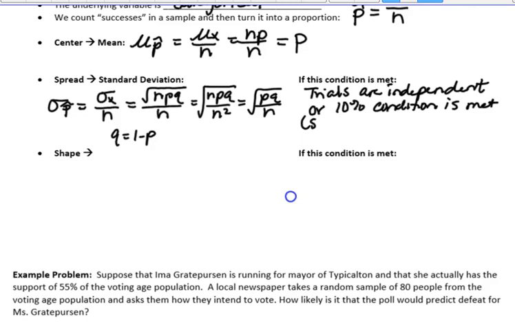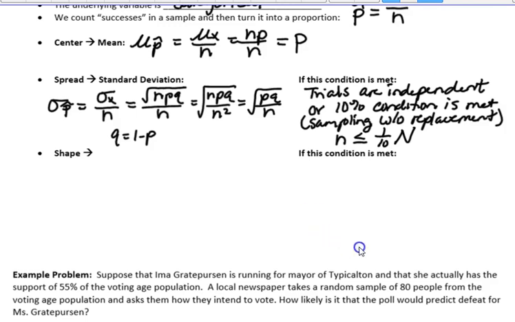This is if you're sampling without replacement. If you're sampling without replacement, then we have to verify that the sample size n is less than or equal to 10%, I'll just write 0.10, or 1/10, of the population size, capital N. Sample size less than 10% of the population size.